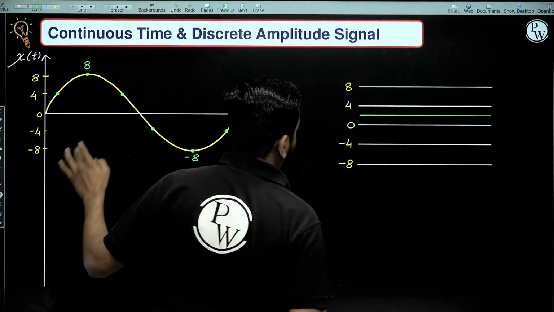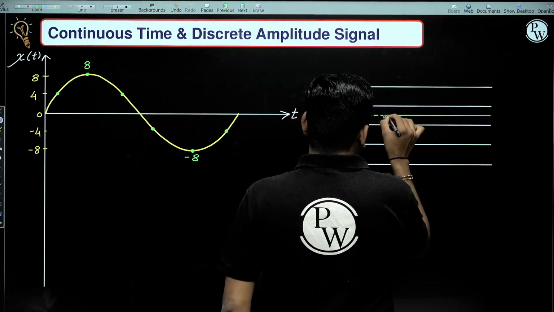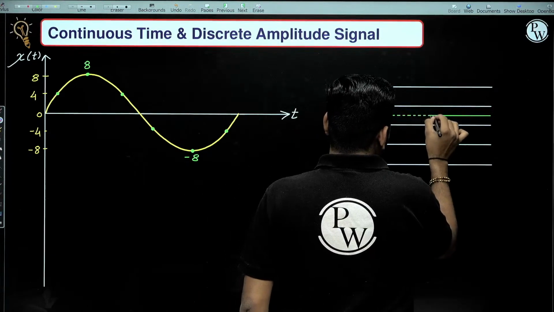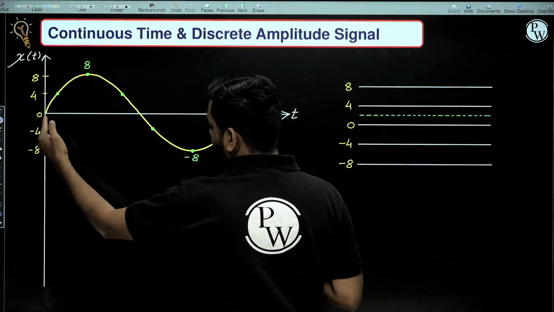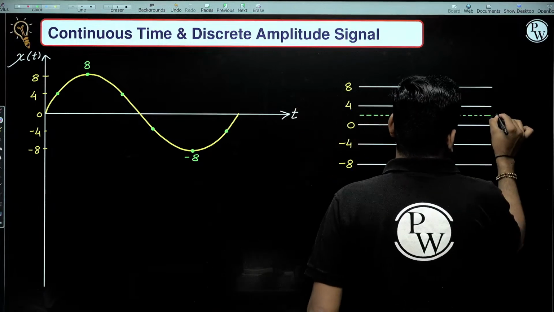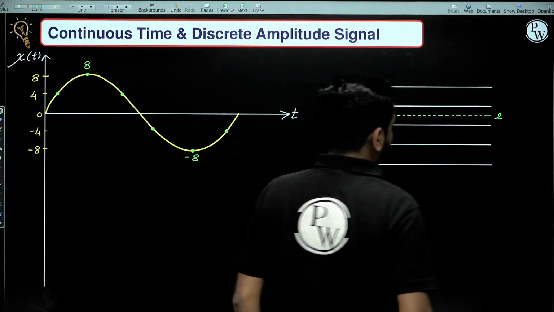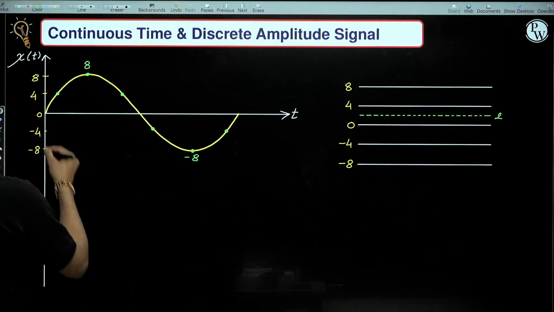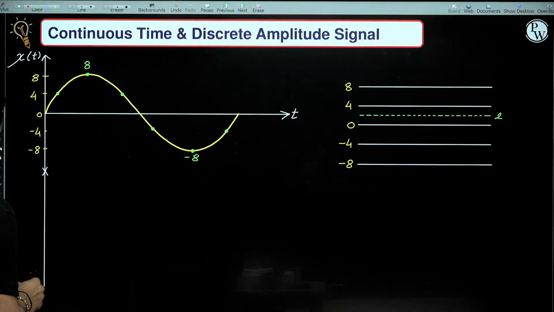Correct? Whatever amplitude is present between 0 and 4, in the output you will get amplitude 2. So the output will be like this.